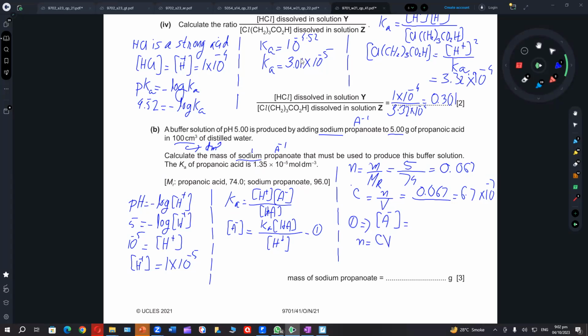It's coming out to be 9.04 times 10 to the power of -7. Is it the concentration of A minus? Yes. Then we find the number of moles.